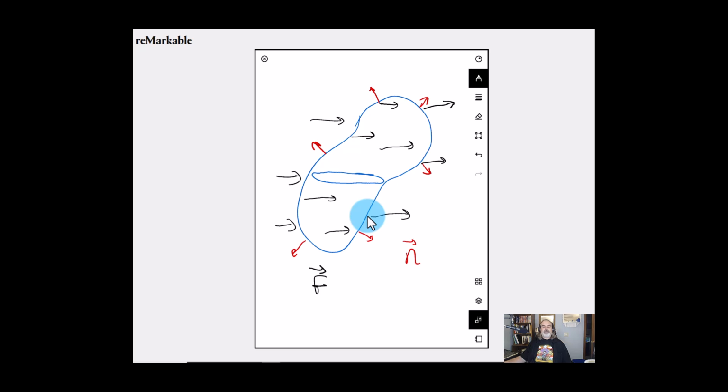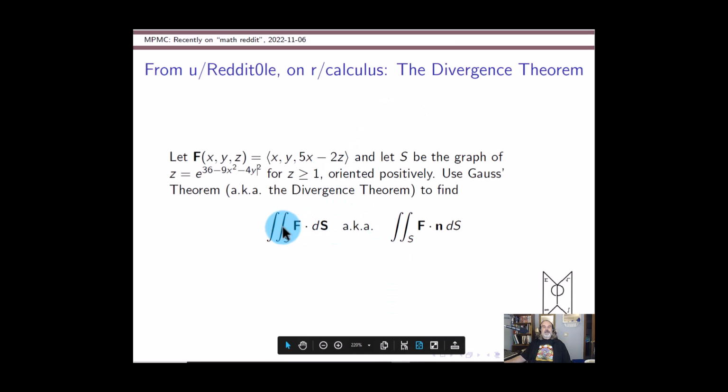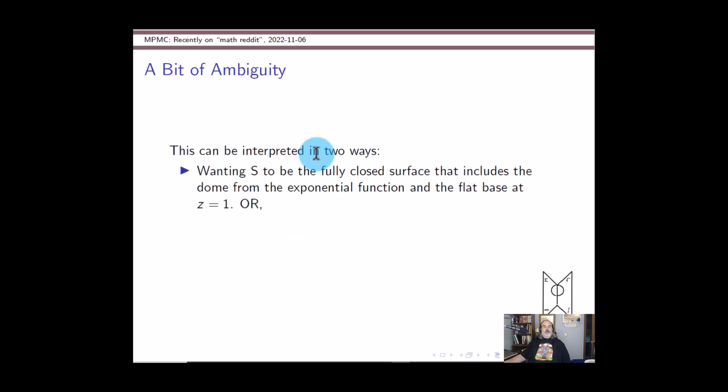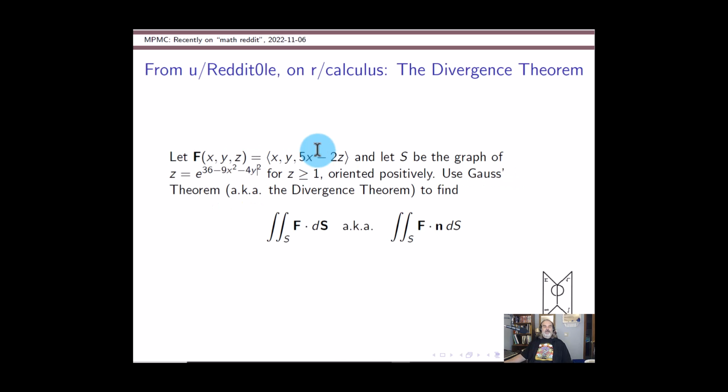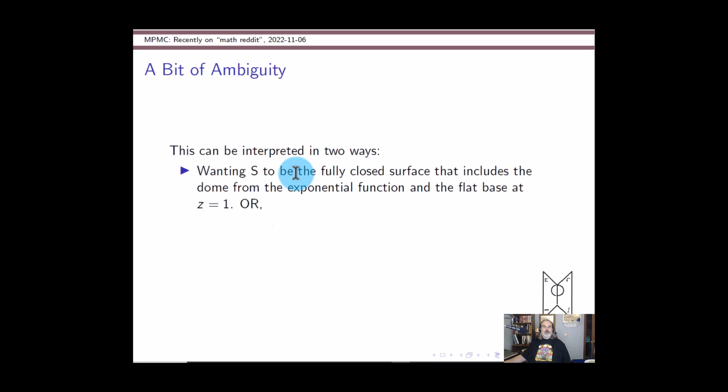Now, that is under quote-unquote normal circumstances, but still, that's what we are asked to evaluate here, is that net flux integral across the surface. So here's where there's a little bit of ambiguity in the way this question is posed. Let S be the graph of z equals e to that nasty exponent for z greater than or equal to 1.